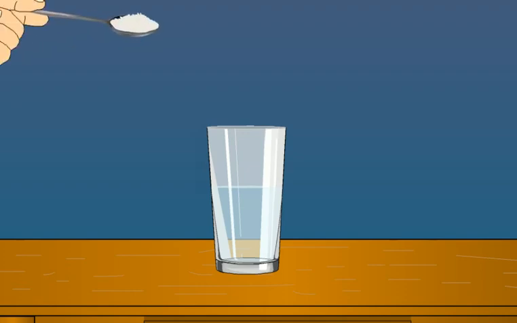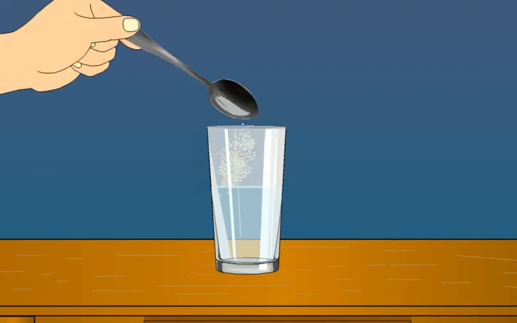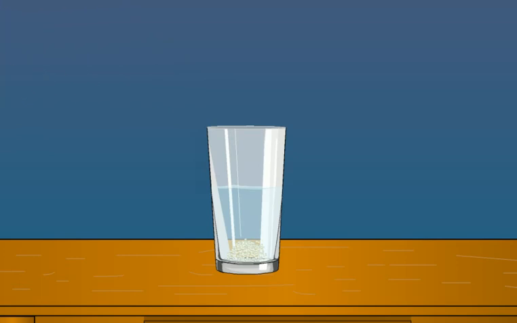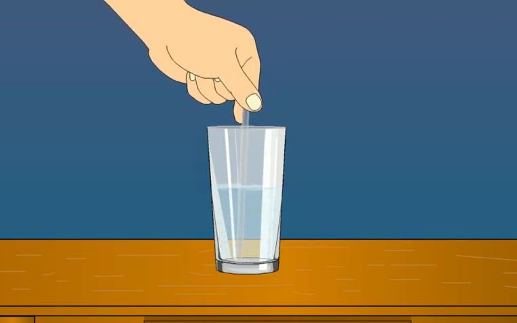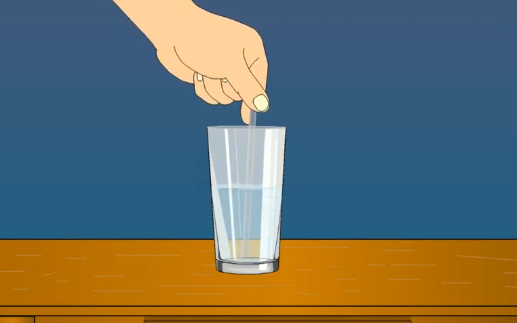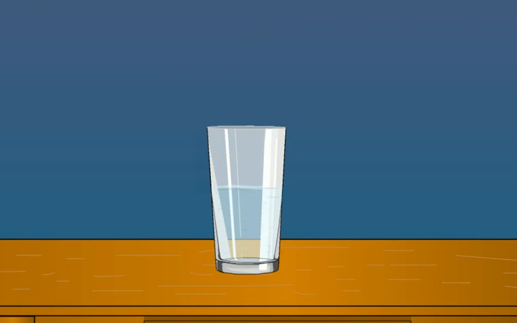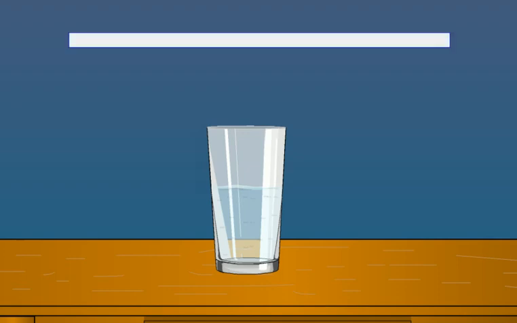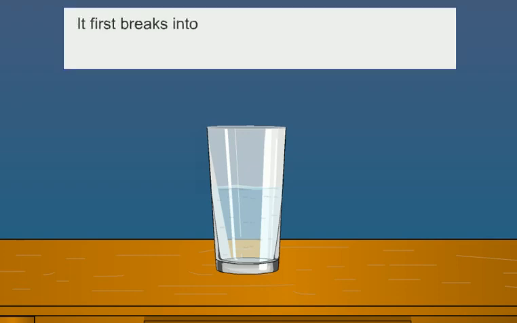Let us take a spoonful of sugar and stir with the help of a glass rod. Students, observe if the substance, that is sugar, disappears in water or not. If it does, it first breaks into pieces and begins dissolving in water.